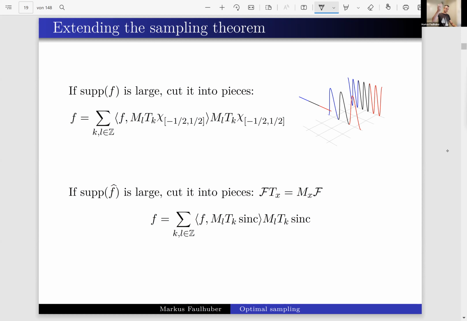Or you can do the same thing if the support of the Fourier transform is large, then you just cut this into pieces, and by this relation that the Fourier transform of the translation gives a modulation of the Fourier transform, you can also use the sinc function as a building block.